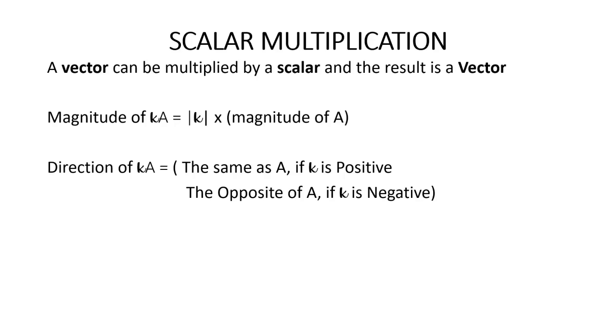This A is a vector and this k is a scalar. By the time you multiply these two together, you will get a magnitude of k times the magnitude of A. The same thing too for direction: the same as A if k is positive, but if k is negative, it will be the opposite direction of A.